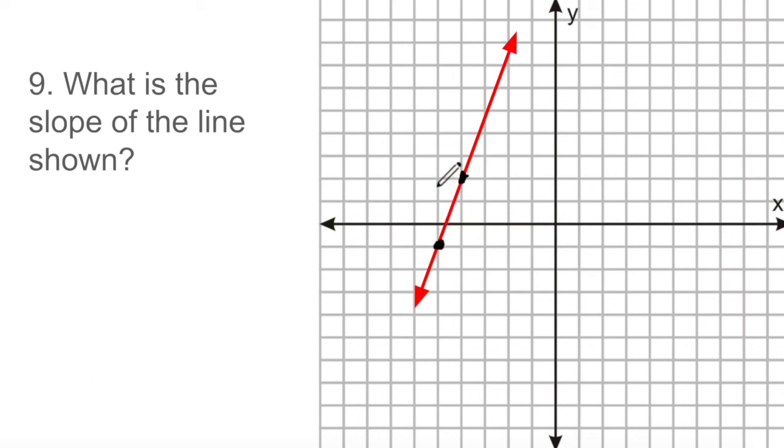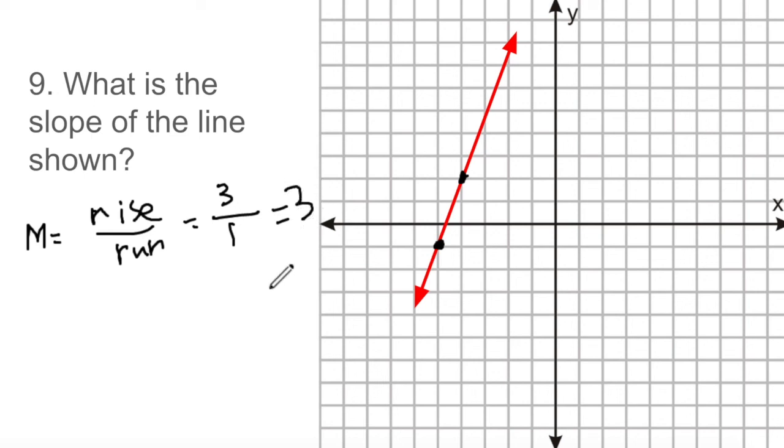We're going up, right? So it's a positive 3. So rise over run is positive 3 over, what's run? It's positive 1 because we're going 1 to the right. So 3 over 1. So here our slope is 3, isn't it?